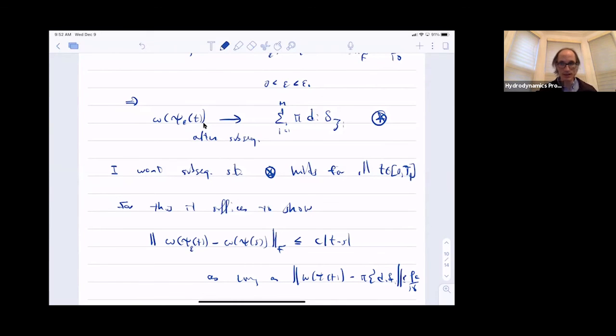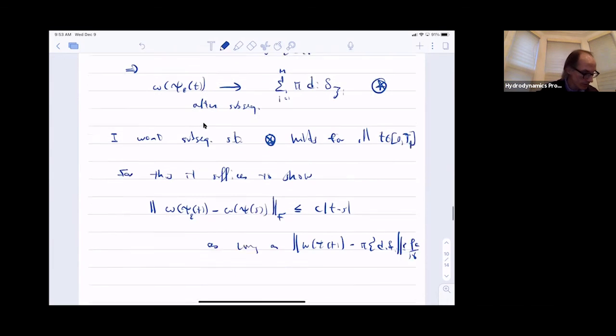So this is a function that takes time into the space of measures, and I know that for each t the image is precompact in a certain topology. If I can show that these functions are equicontinuous, then some variant of the Arzela-Ascoli theorem will tell me that I can extract a convergent subsequence. So it's not bounded and equicontinuous, but it's equicontinuous and precompact for every time. So this is really Arzela-Ascoli.